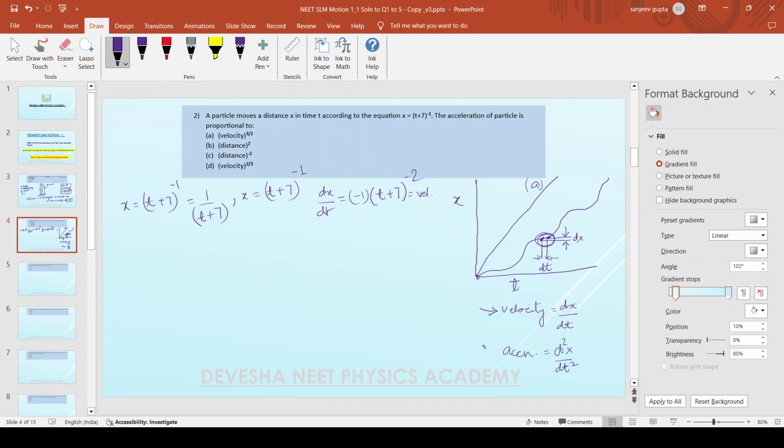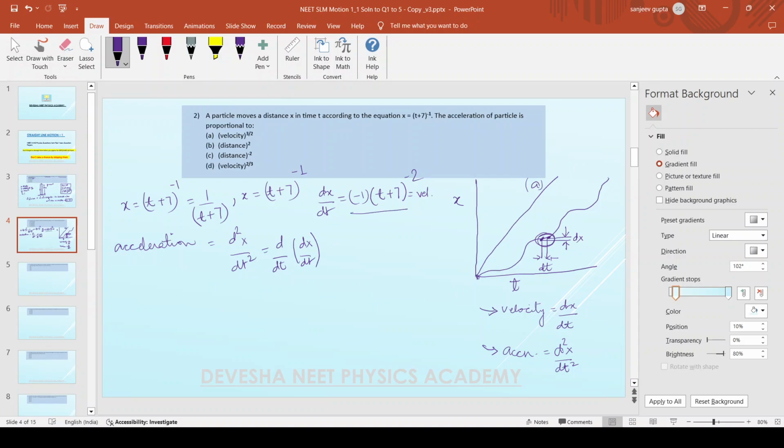So now we need to find the acceleration also. What is the acceleration here? Acceleration is equal to d2x by dt2, which is again another differentiation of dx by dt. So we basically need to differentiate this once again.